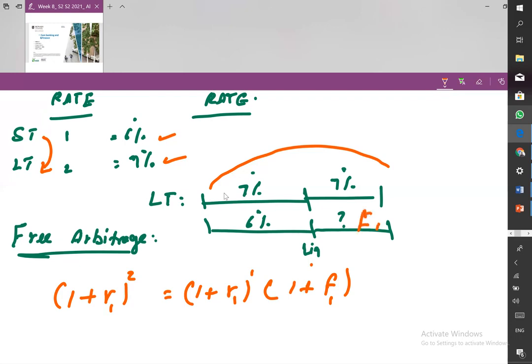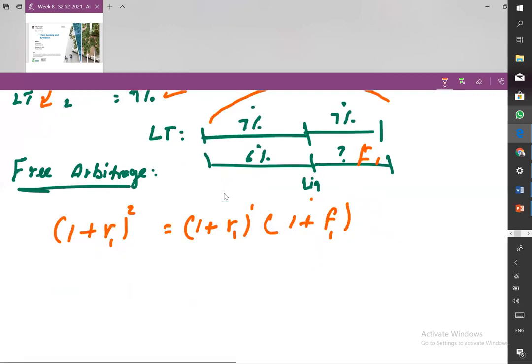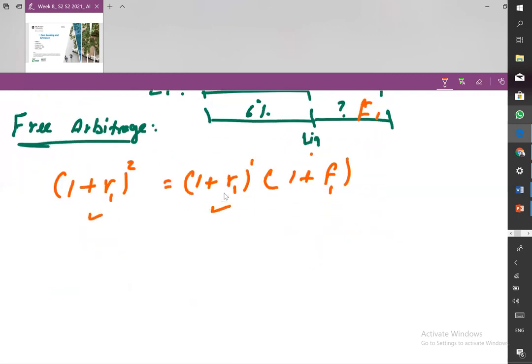If I can know that now, because I know this and I know this, I can know 1 plus F1 is actually 1 plus R2 over 1 plus R1. And then I can calculate the F1 if I know this. This is the whole concept.